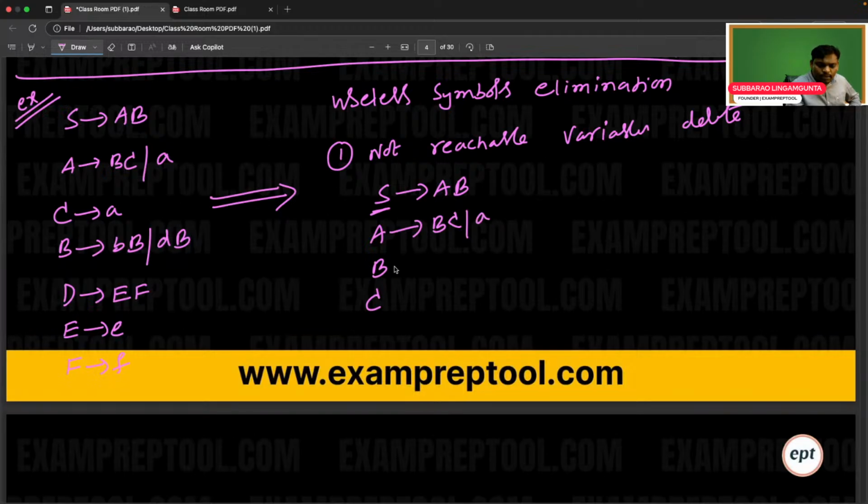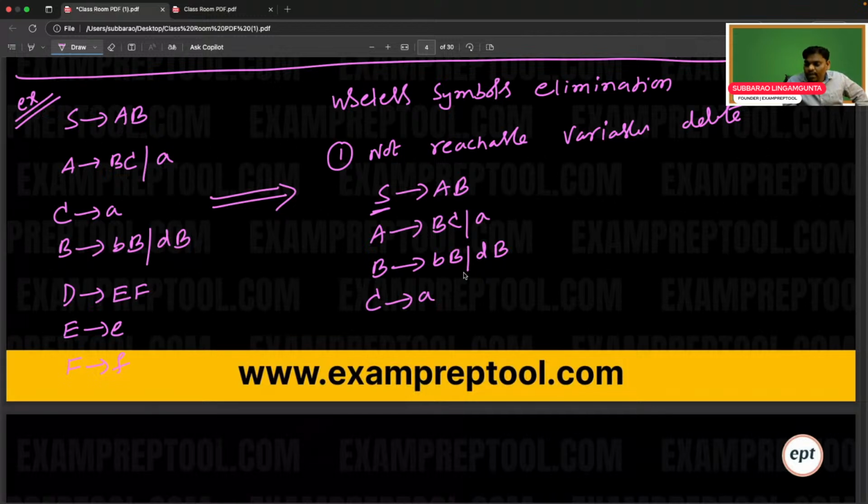Now let's go to B. B goes to BB, B goes to DB. No problem, there is no new variable. Let's go to C. C goes to A, there is no new variable. So S requires AB, A requires B and C, B requires only B, and C doesn't require any variable.